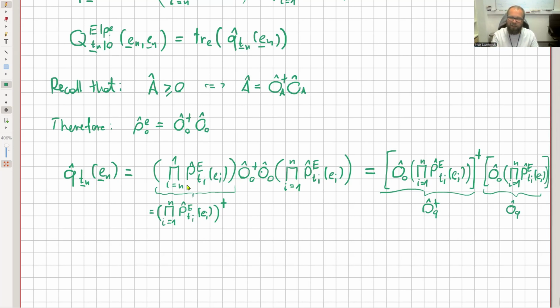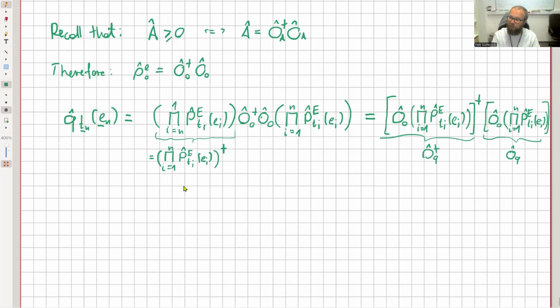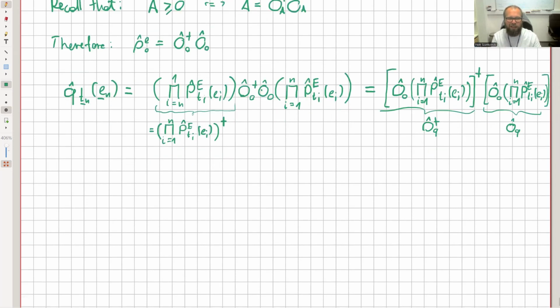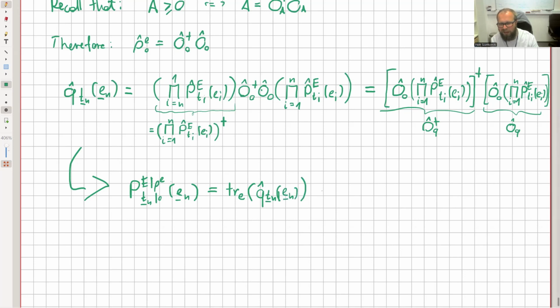It's positive semi-definite. So all its eigenvalues are non-negative, and so we get from this that PE, the diagonal part of the bi-probability, equals the trace of Q. Trace of an operator is the sum of its eigenvalues.